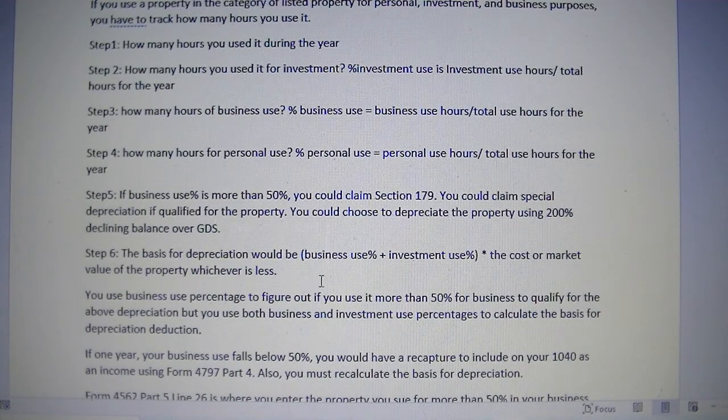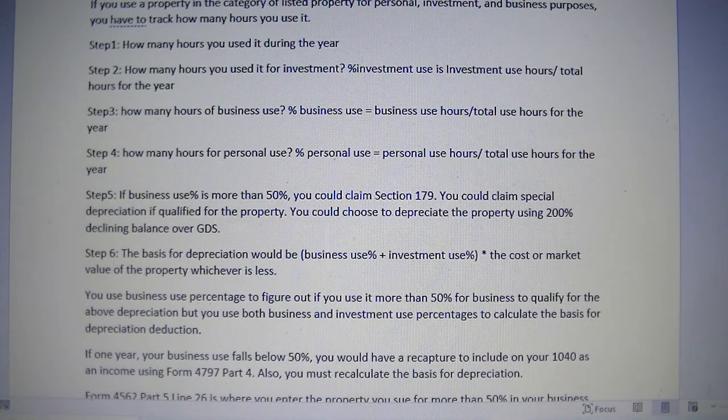So line 26 is for assets you use for more than 50% in your business. So the business use percentage is to figure out if you use it more than 50% for business, to qualify for 200% depreciation, Section 179, and special depreciation, depending on the property.